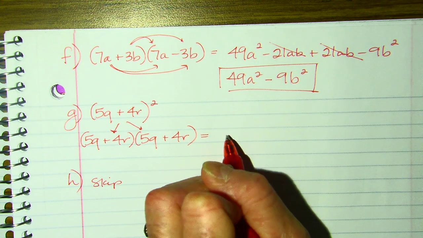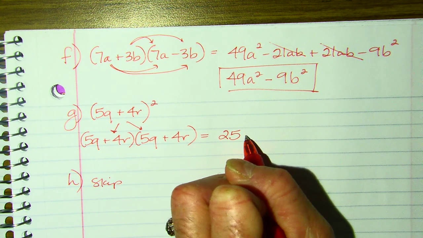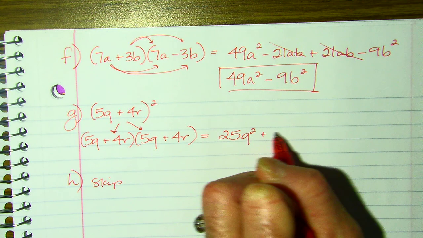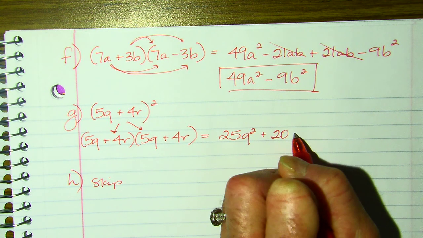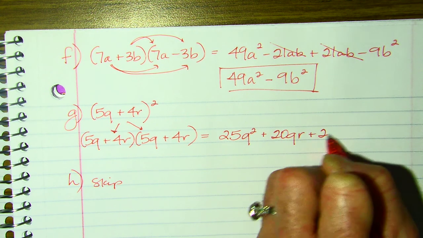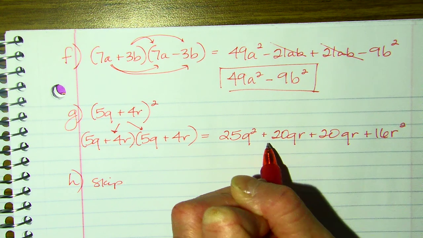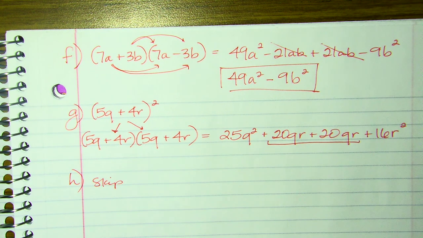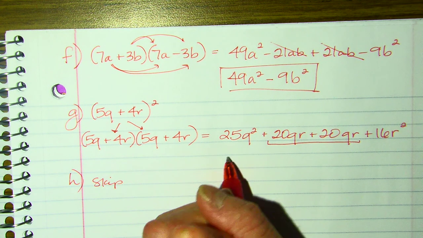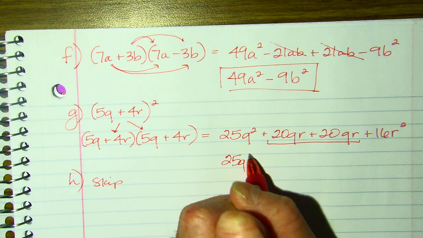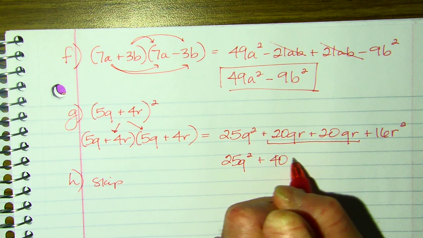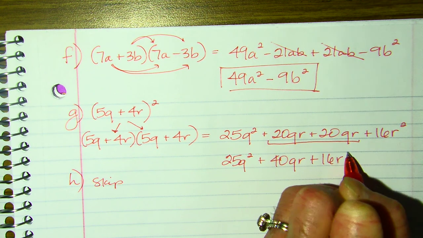If I distribute these, I get 25q squared plus 20qr plus 20qr plus 16r squared. These are like terms because they both have a q and they both have an r, and they have the same exponent. So my final answer is 25q squared plus 40qr plus 16r squared.